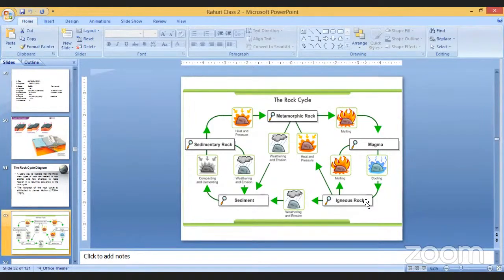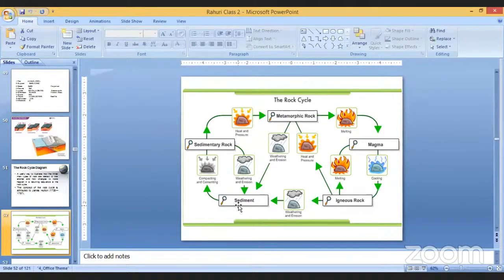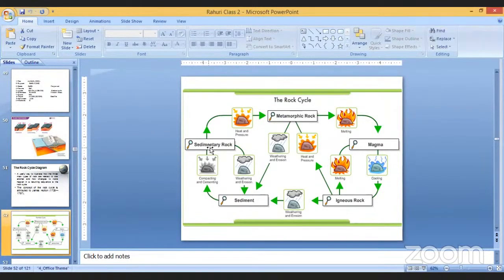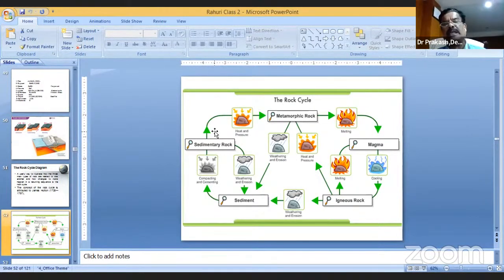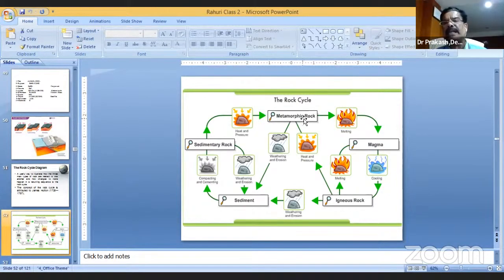When igneous rocks are subjected to weathering, they lead to the formation of sediments. Compaction, consolidation, cementation, diagenesis, all these processes lead to the formation of sedimentary rocks. When sedimentary rocks are subjected to pressure and temperature, they change to metamorphic rock. Further increase in pressure and temperature leads to the formation of magma.